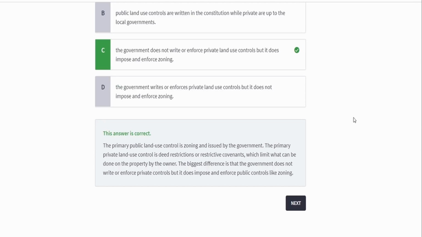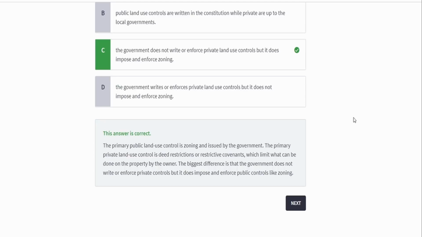So when we're talking about public, that normally means it's issued by the government or it's government related. So because it's a public land use control, which would be zoning, that would be by the government. Now, when we're talking about private, think of privately owned businesses, privately owned property.